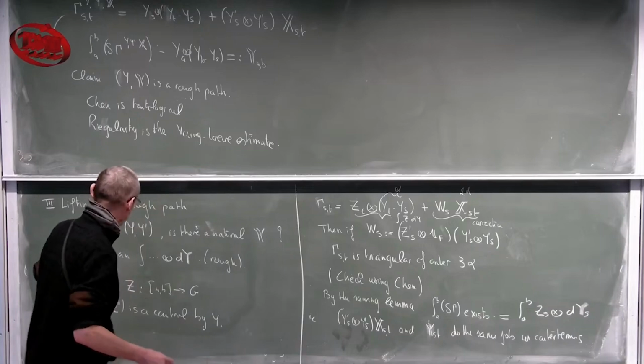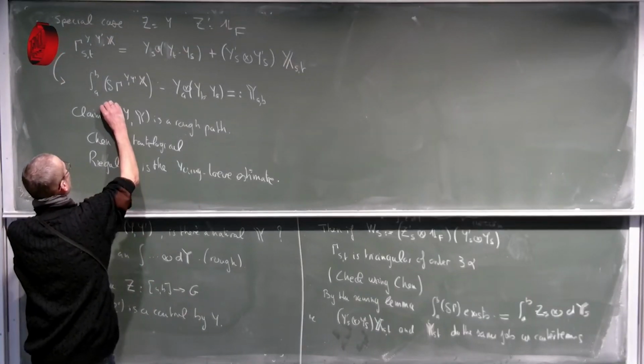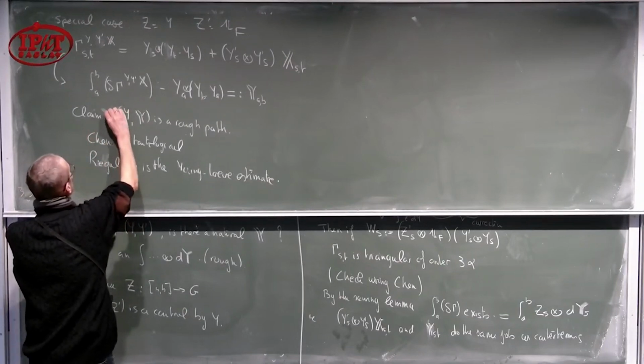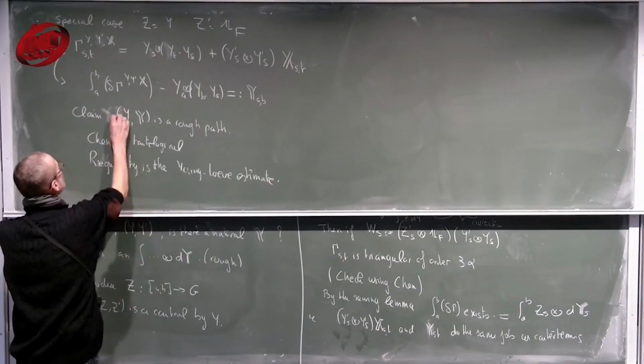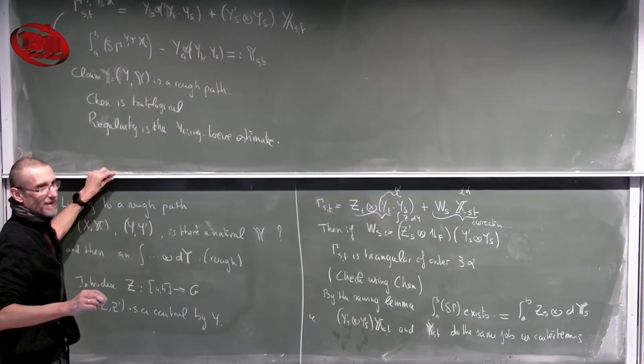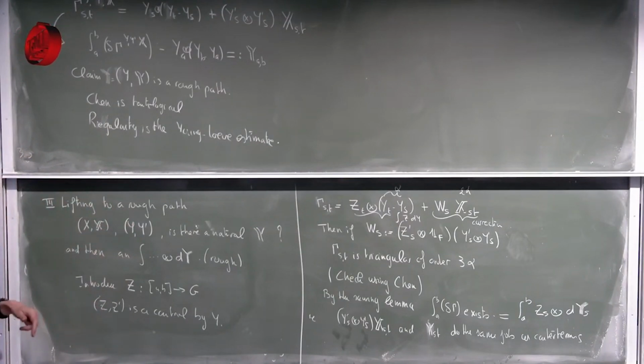Well, I decided to take it as that one. So what is Z? Is the Z of the special case? Z is anything that is controlled by Y. Okay. Big Y, and then you use it. Okay.